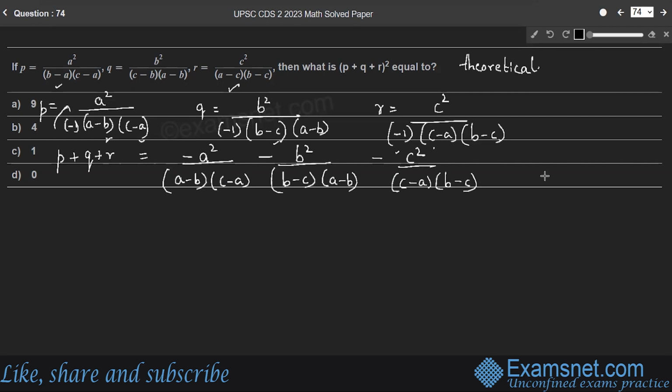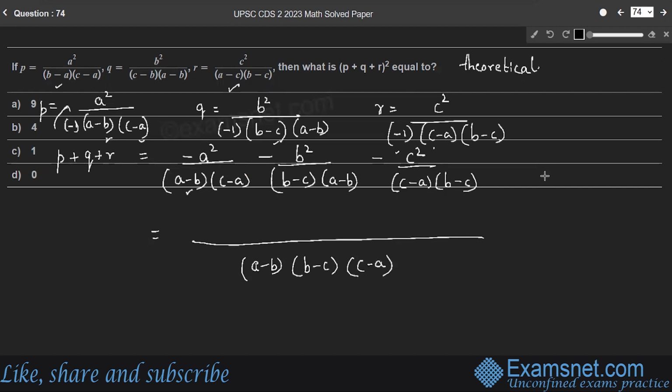Now we'll take the LCM. So what is the LCM? The LCM is a minus b into b minus c into c minus a.